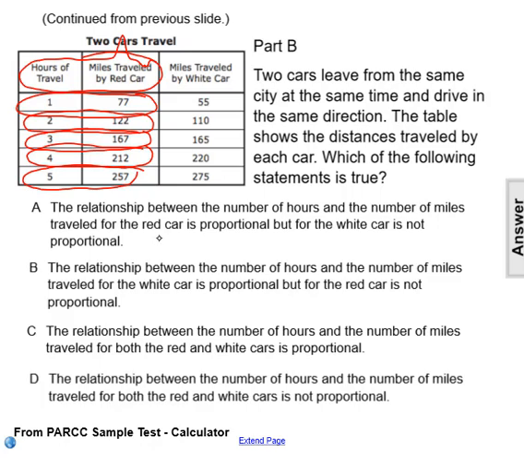For example, if we take that first ratio of 77 over 1, that is not going to be equivalent to 122 over 2, which is 61 over 1. Or we can compare the first row of 77 over 1 to the third row of 167 over 3.